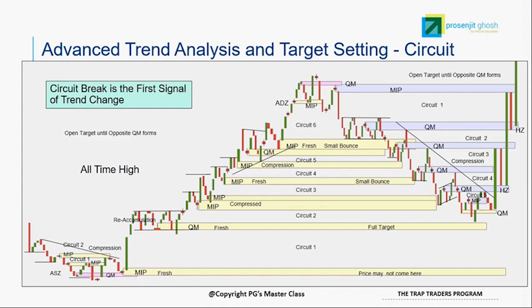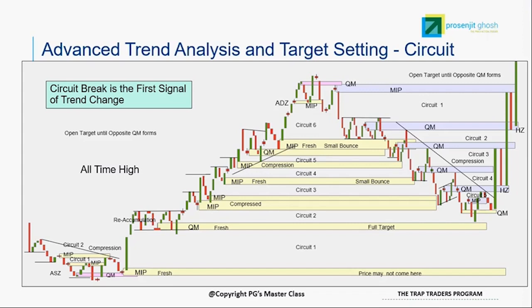Any questions? But what is the need of drawing the circuit? We just have to look. It is very much needed to play all this. If you want to play weekly trades and you are not drawing circuits, you will not know what's happening there.